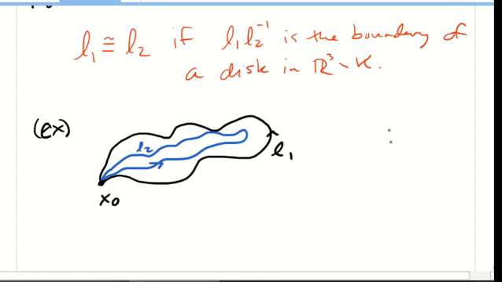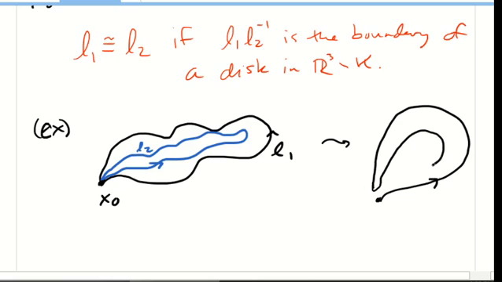So let's look at what L1 L2 inverse looks like. So go around L1, and then we go around L2 inverse.